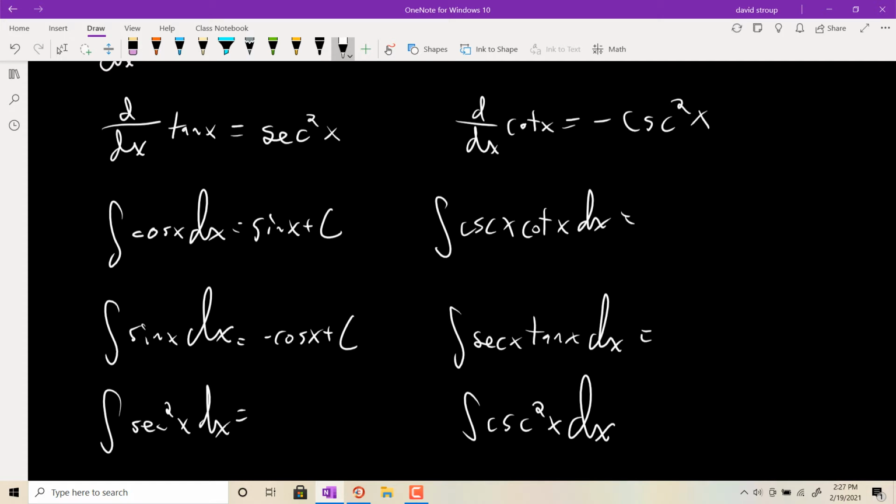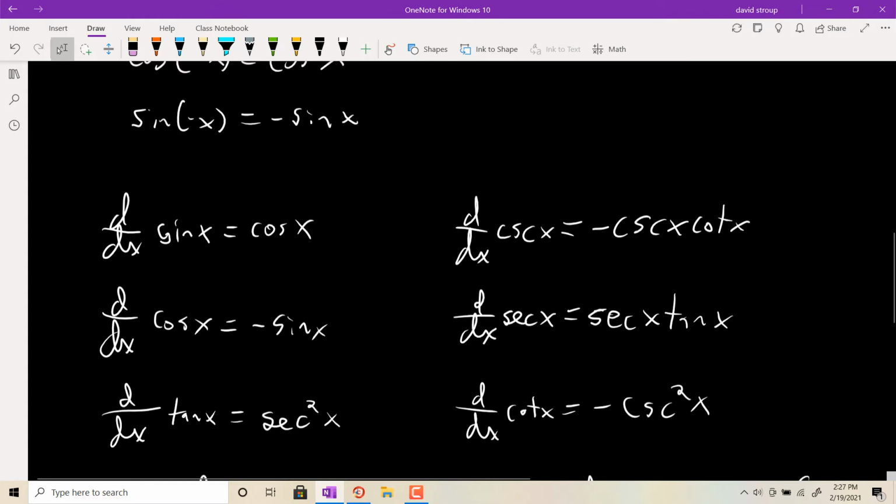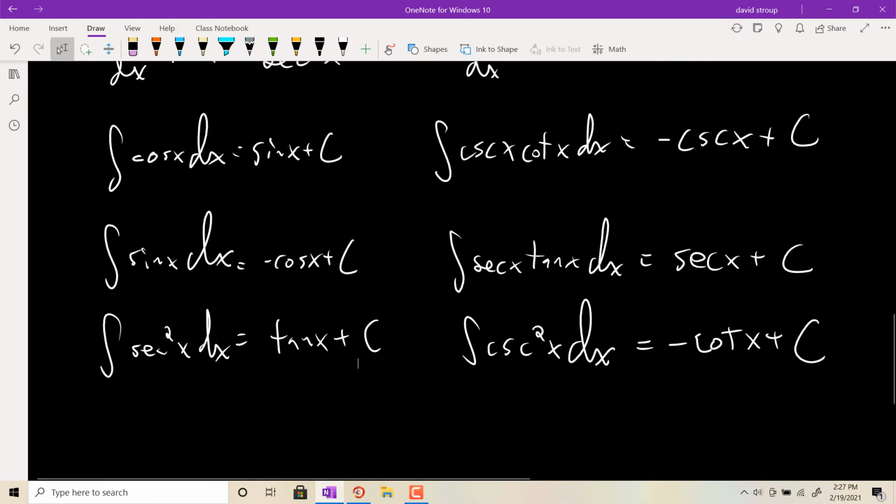The integral of cosecant cotan is negative cosecant. This will be positive secant. This will be negative, I guess, cotan. This other guy finally is tan x plus c. So you should know those because you know the derivatives, and these are just the reverse of the derivatives.